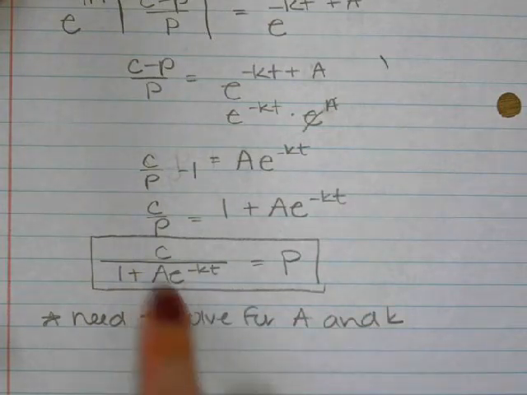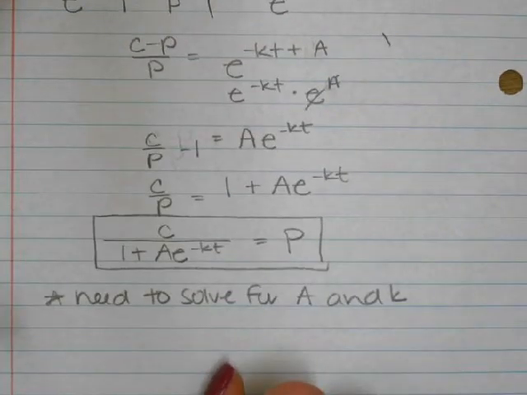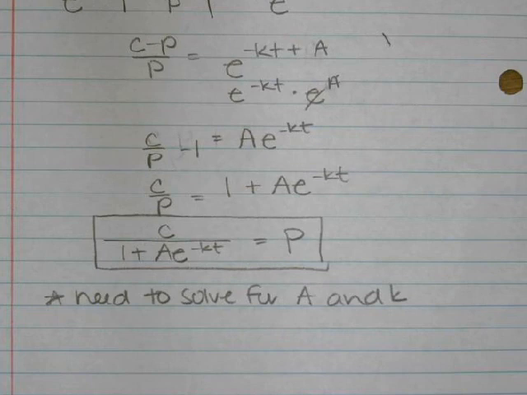But a and k are two values that we're going to have to get from points that we plug in. So they give us an initial value, we plug that in and solve for a. They give us another value, we plug that in with the a that we just found, and it helps us find k. So those are some things we have to do before we can use that function and work with it.